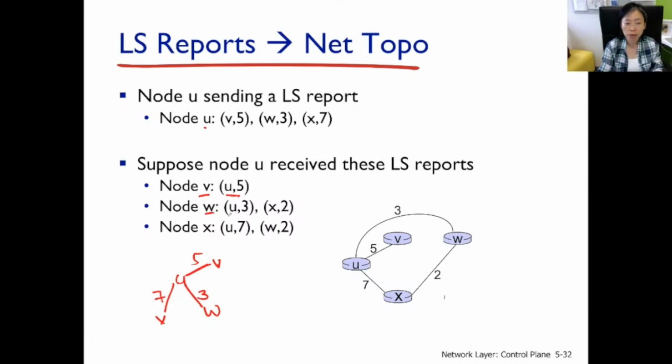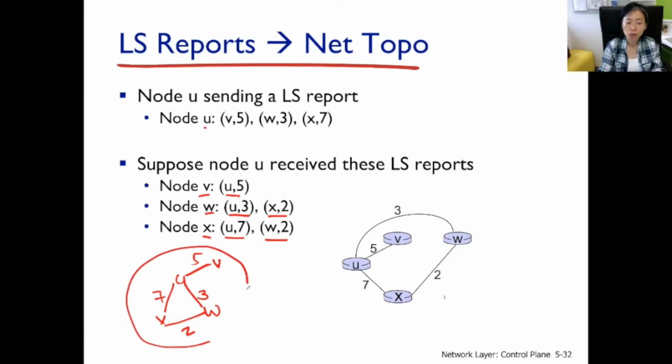W's report is going to tell us the cost to U is 3, which you already know. W is also connected to X with link cost 2. So W connects to X, link cost 2. X's report says it connects to U, which you already know. X also reports that it's connecting to W, link cost 2, which you already have.